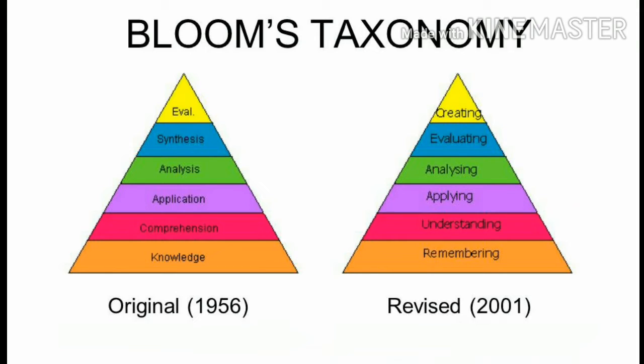It is very important to note the change from nouns to verbs to describe the different levels of the taxonomy. The 2 top levels are essentially swapped from the old to the new version. The revised taxonomy moves the evaluation stage down a level and the highest element becomes creating.